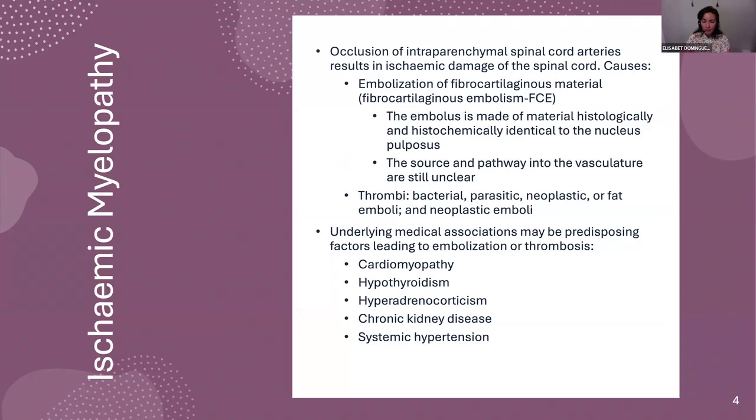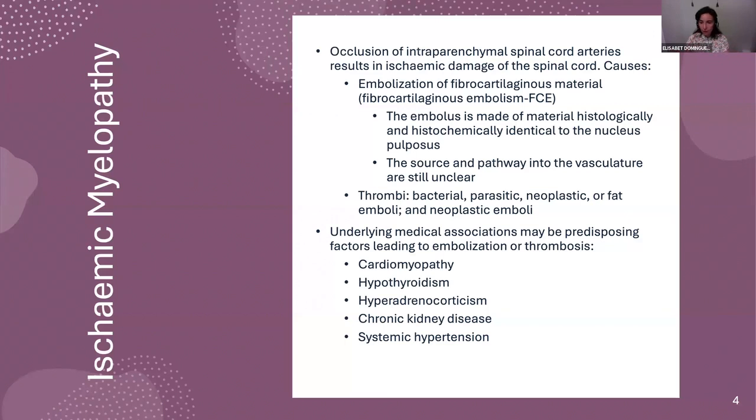We know that because we have some histopathological studies assessing these dogs with ischemic myelopathy, and this material is visible inside the spinal cord, but we don't know the source and the pathway into the vasculature. So this is still unclear.